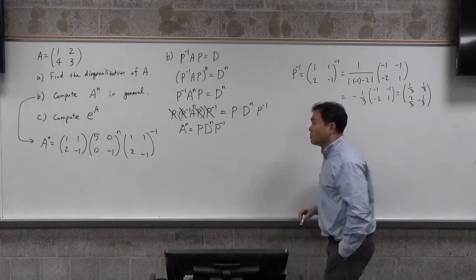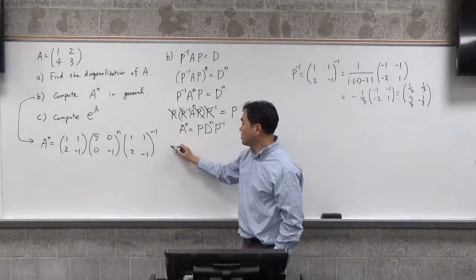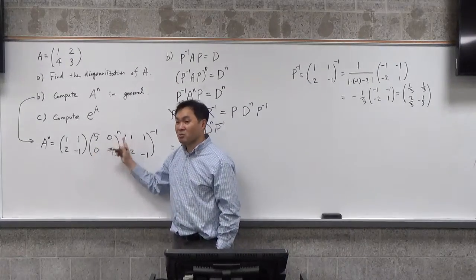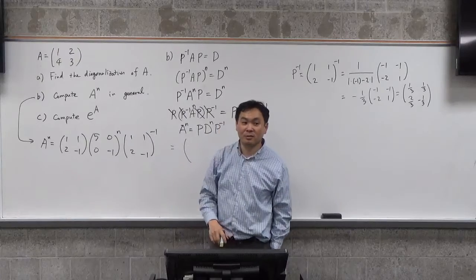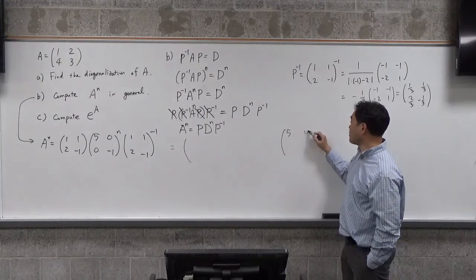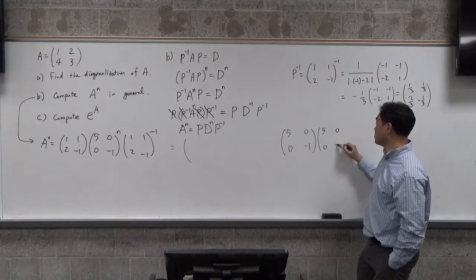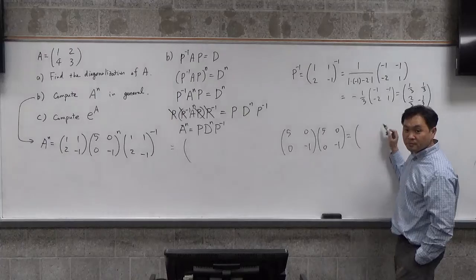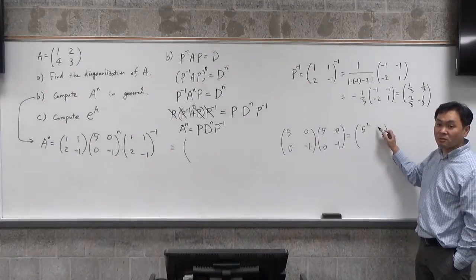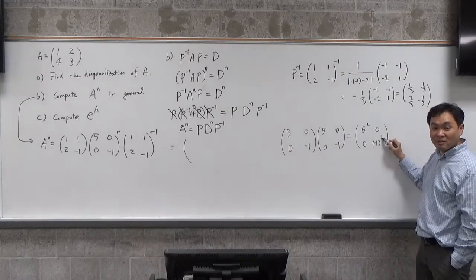Okay, so we're now almost ready to compute. How do you take the nth power of a diagonal matrix? What do you get if you have 5, 0, 0, negative 1 times 5, 0, 0, negative 1? 5 squared, 0, 0, negative 1 squared, right?